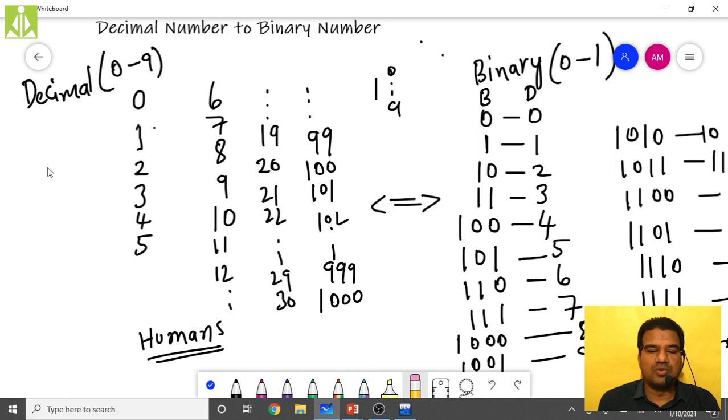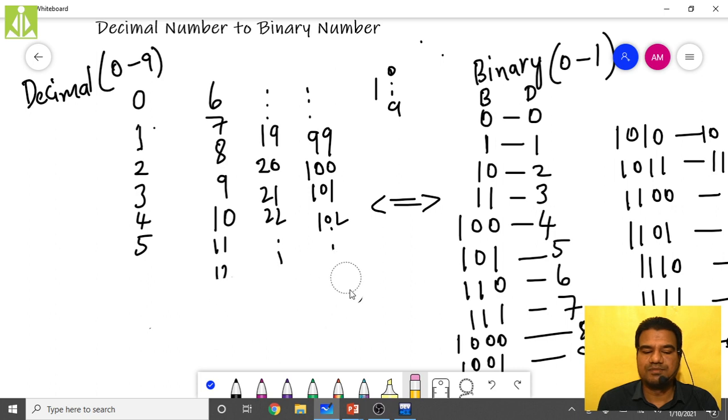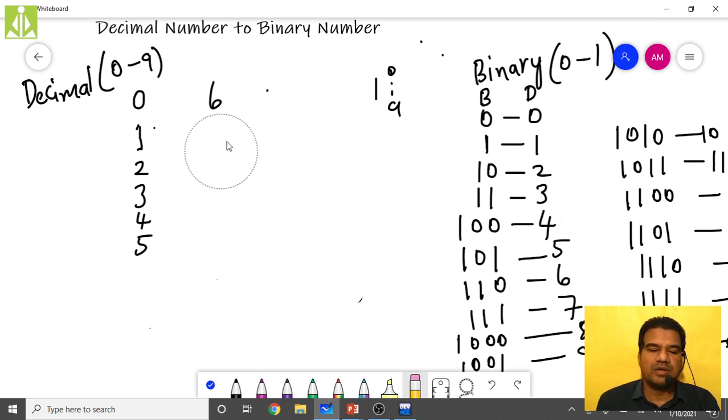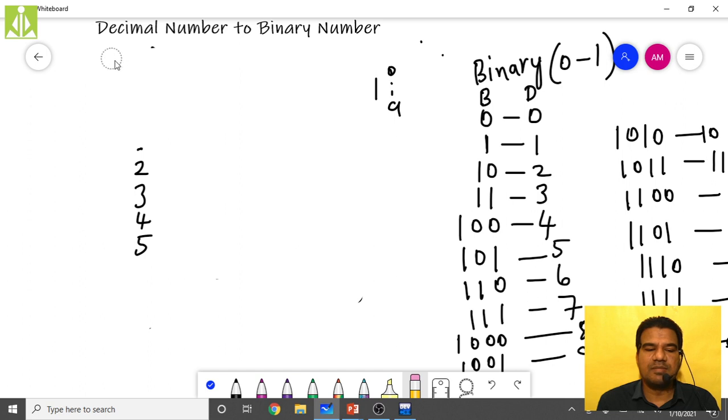So let us suppose I gave you the complete binary number system over here. The decimal we already know, so that is the reason why I'm removing this one. I have given all the numbers in binary up to 15, and I will show you how we can convert decimal numbers into binary so that you can remember and follow that procedure.